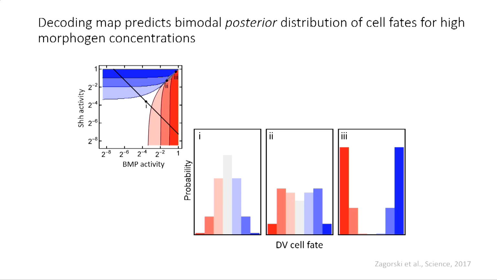But for me, what was very interesting about this map was this shaded region that I didn't explain, that was marked here, and this shaded region corresponded to a bimodal distribution of cell fates. Saying that here there's indeed one most likely fate, but as you move away from this wild type line towards high concentration of the morphogens, you get a bimodal distribution, meaning that the cells would most likely take one or the other fate.